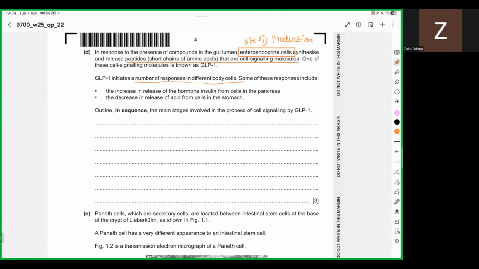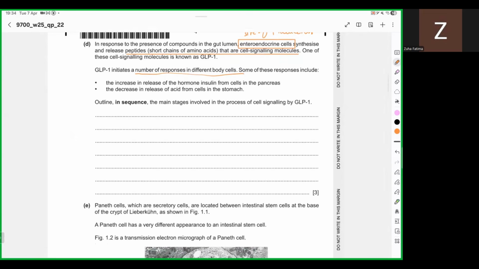So the GLP-1 is produced and secreted by the enteroendocrine cells.